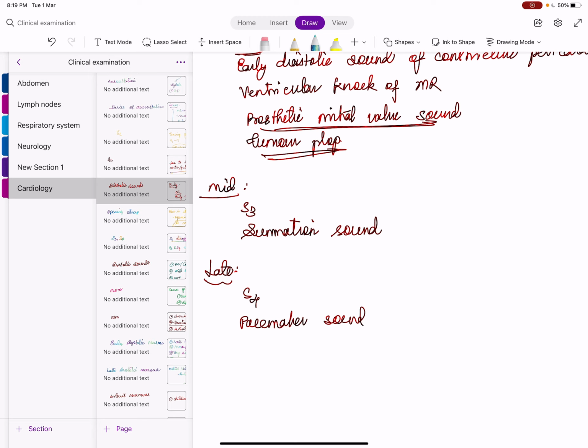There will be a difference because the time difference is different, 0.3 and 0.5, so you may time it. A sound which comes after S1 will be a systolic sound. A sound which comes before S1, or before the pulse, will be a diastolic sound. It is very easy. I forgot to mention this initially.